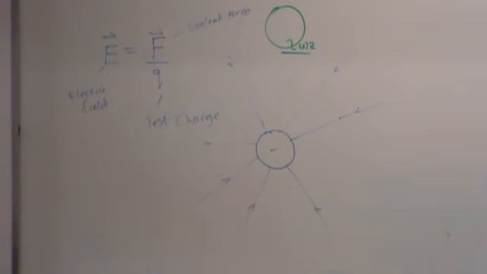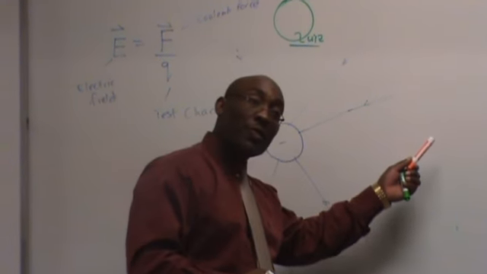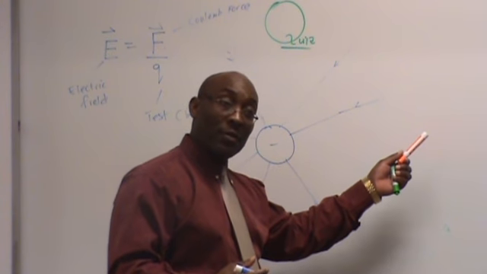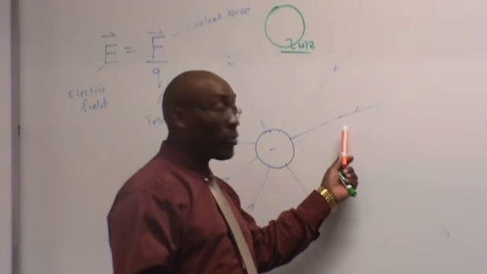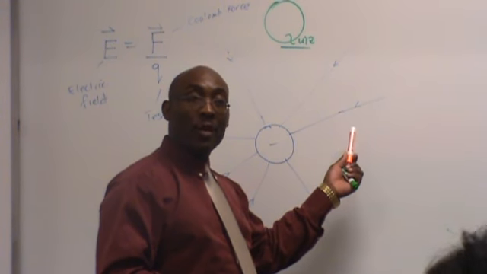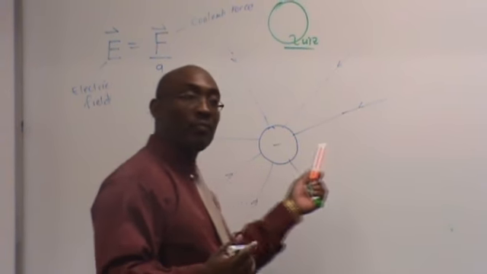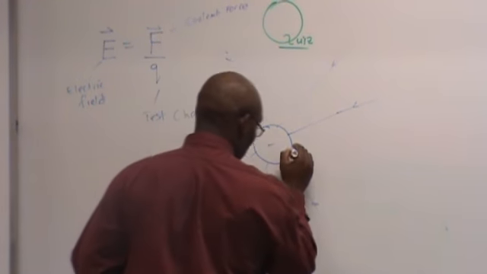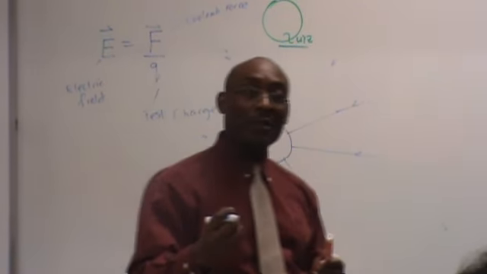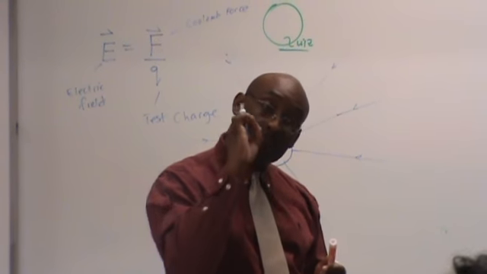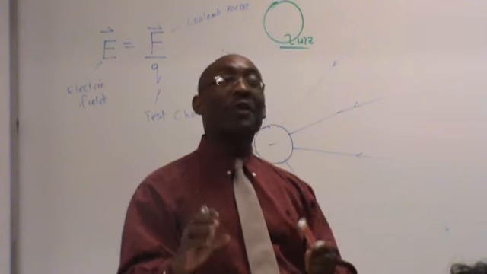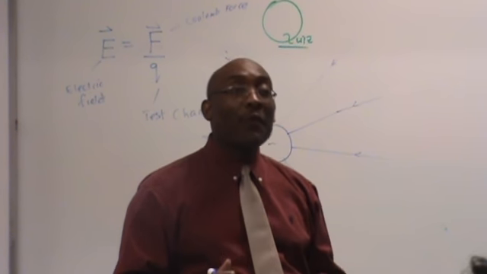Now, does the test charge have its own field? Does it have a field? So isn't that field going to mess with this field that's already there? How can we solve that problem? We can make that test charge really what? If I make that test charge really small, then the field from the test charge will be insignificant.